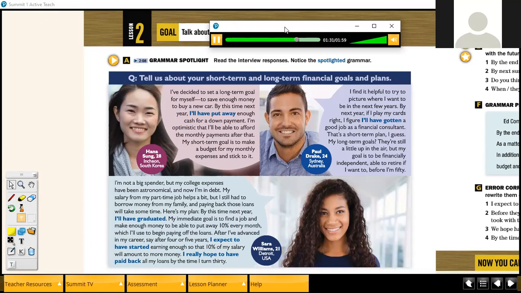My immediate goal is to find a job and make enough money to be able to put away 10% every month, which I'll use to begin paying off the loans. After I've advanced in my career, say after 4 or 5 years, I expect to have started earning enough so that 10% of my salary will amount to more money. I really hope to have paid back all my loans by the time I turned 30. Sarah Williams, 21, Detroit, USA.